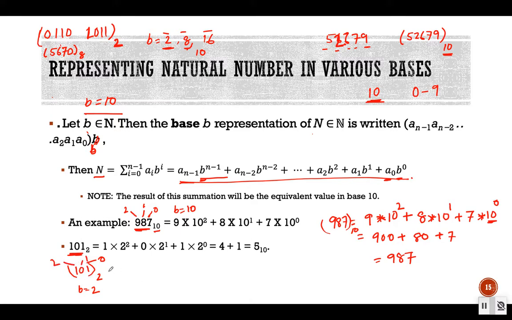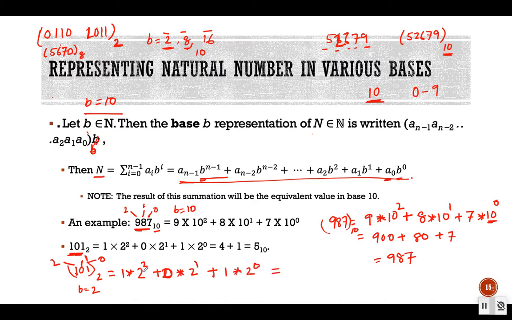All right, so how can I represent it? 1 times 2 to the power 2 for this one, plus 0 times 2 to the power 1, plus 1 times 2 to the power 0.